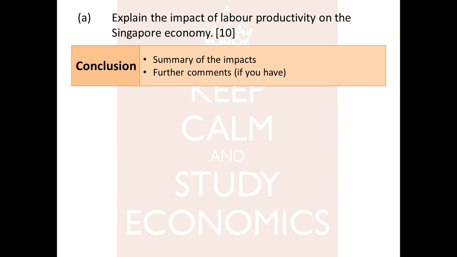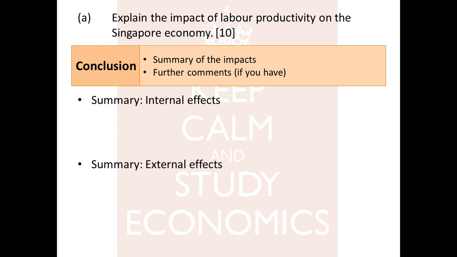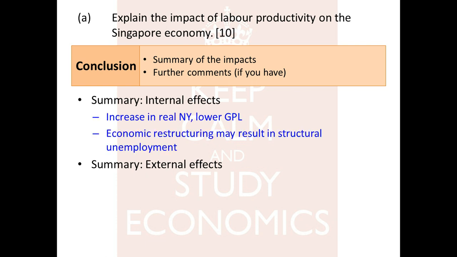So basically that is just an analysis of the external and internal impacts that labor productivity may have on the Singapore economy. So that's about enough. What then do you do? You summarize the impacts, and you use internal and external effects. Under the internal effects, we saw an increase in real national income and a lower GPL.